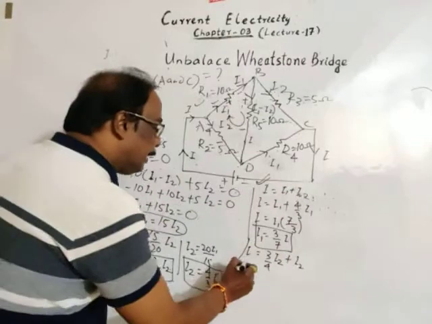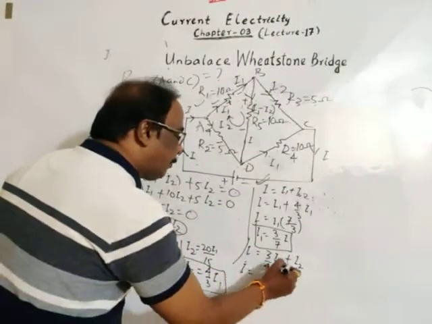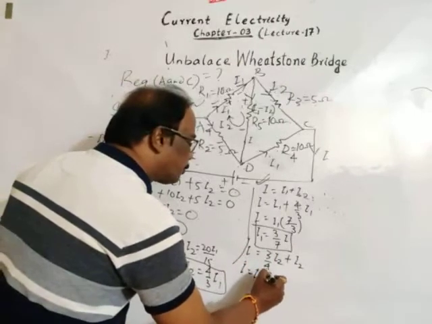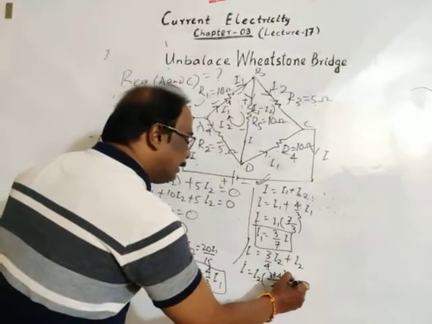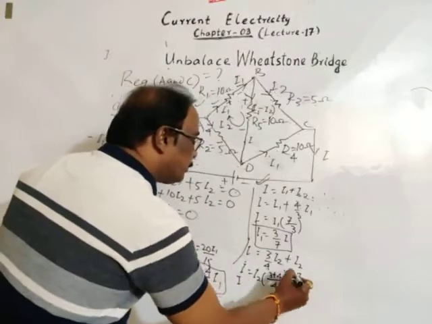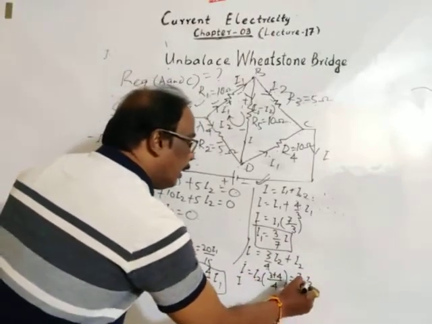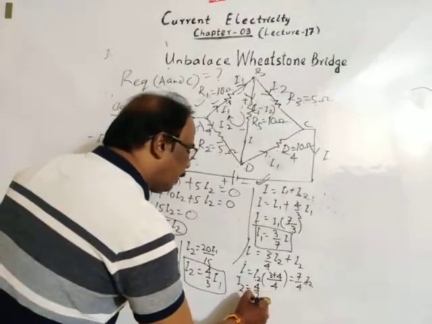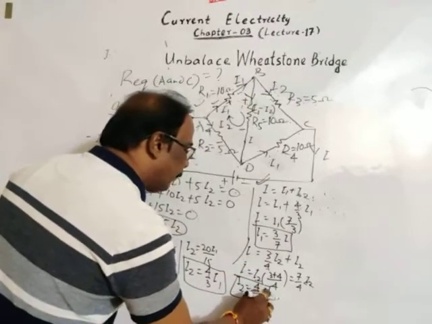Then I is equal to 3 by 4 I2 plus I2. Bring I2 common: 3 plus 4 over 4, which is 7 by 4 I2. And I2 is equal to 4 divided by 7 I.